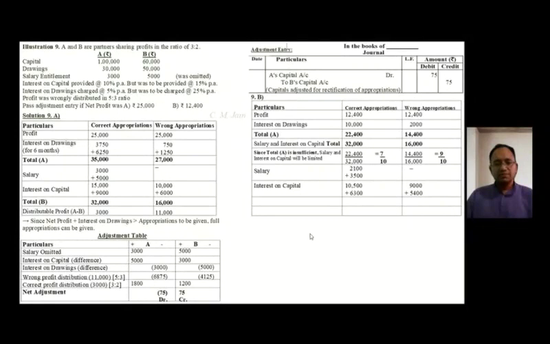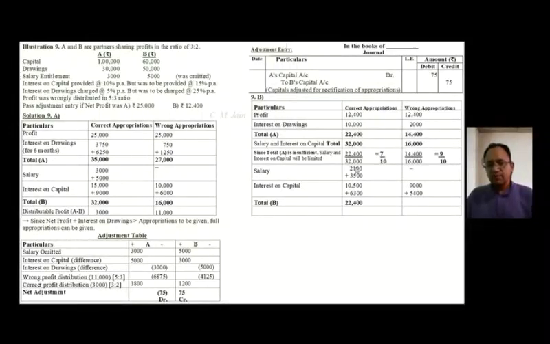Now we will total them. Salary and interest on capital total B. 2,100 plus 3,500, 5,600. Then 10,500 plus 6,300, 16,800. And the total of all these four amounts, 22,400. Now you can cross check: this is the amount of profit plus interest on drawings that we had.